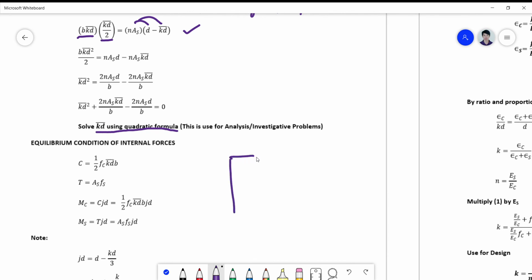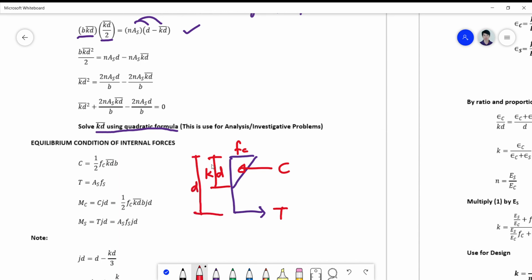So this is now your figure. This is now your C. This is your T. So we know that this is fc. And this is, again, what's this? This kd. And then we have here d.